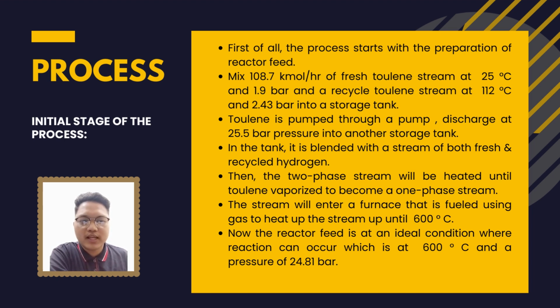The stream will enter a furnace that is fueled using gas to heat up the stream up to 600 degrees Celsius. Now, the reactor feed is at an ideal condition where reaction can occur, which is at 600 degrees Celsius and a pressure of 24.81 bar.